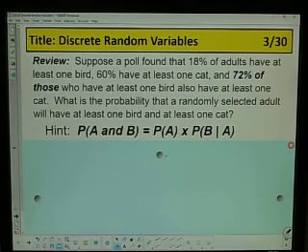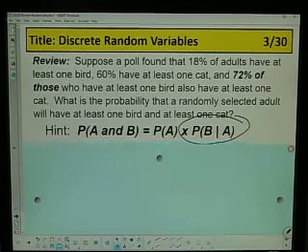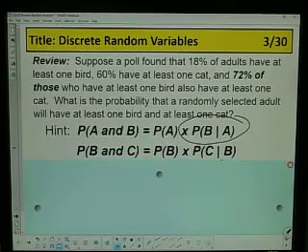Especially when you're dealing with this kind of a problem. Sometimes the ANDs are just multiplying, but in this type of problem, because you can have a bird and cat at the same time, you have this formula. All I did here is I replaced all of my A's with a B standing for bird. Okay, so what's the probability of having a bird here?